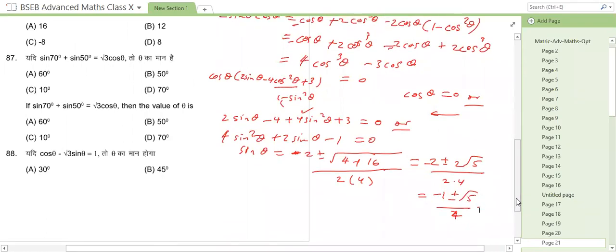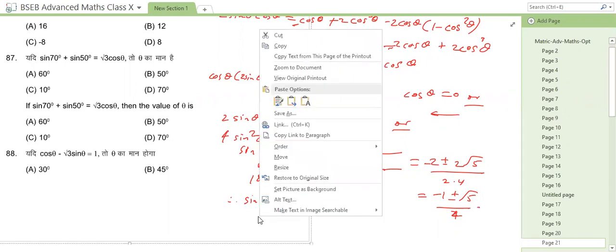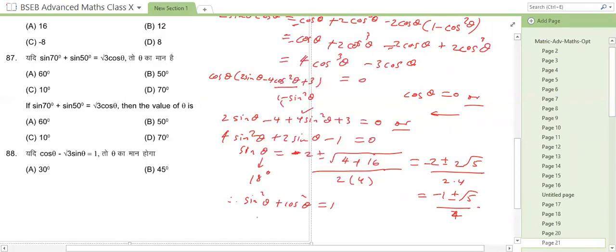So guys, remember theta was equal to 18 degrees. Therefore, sine squared theta plus cos squared theta is equal to 1. Now we wanted to go and find cos of 18 degrees. So we have found sine 18.